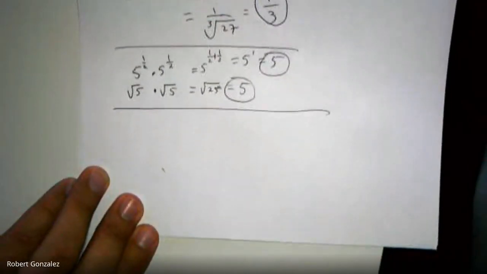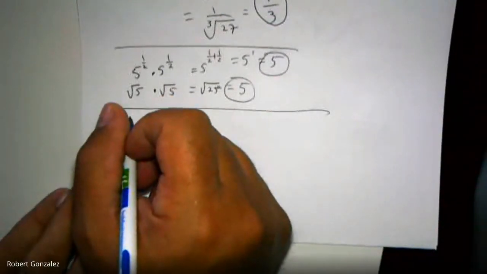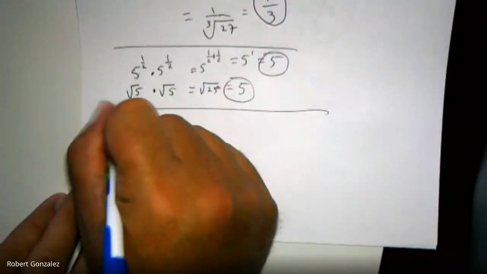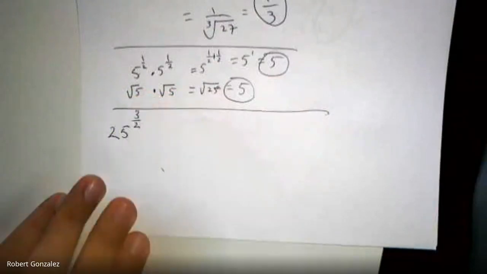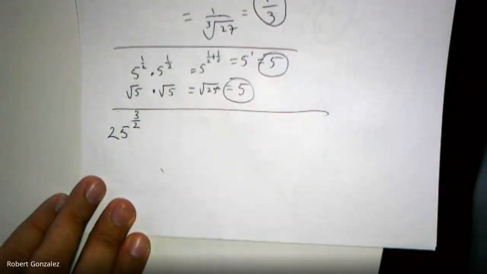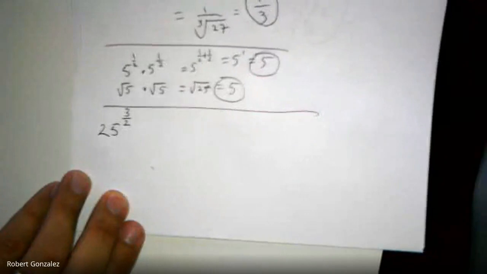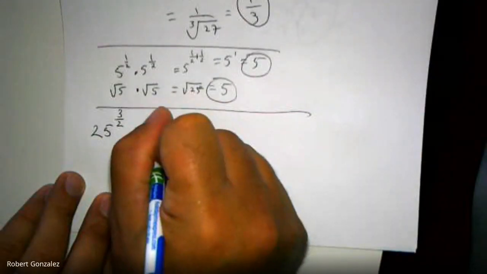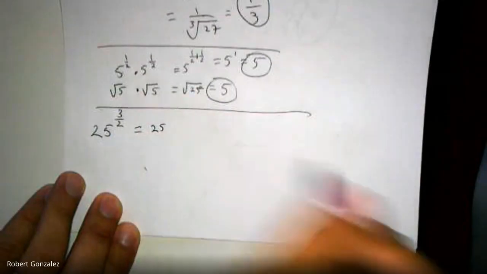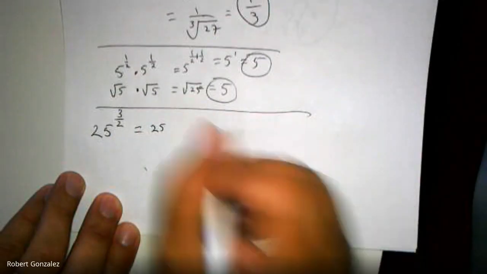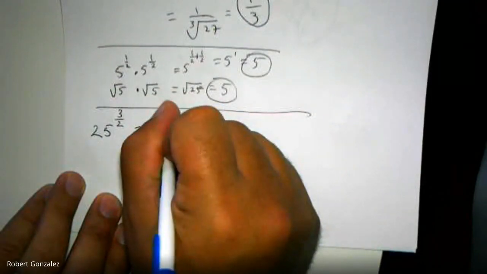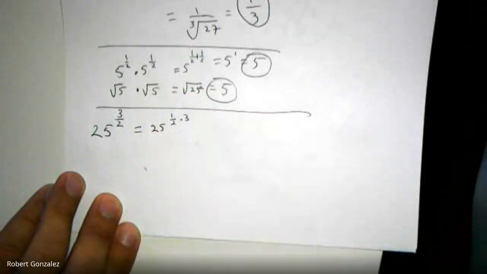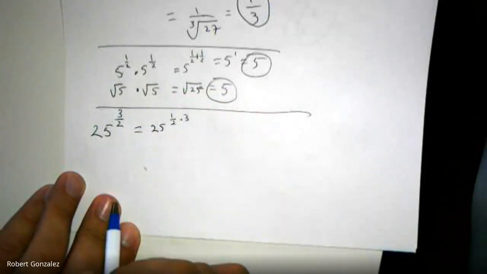So what happens now if we have a numerator? Well, let's use our exponent rules from yesterday and separate the fraction into 2 parts. Would you agree that this is 25 to the 1/2 times 3? 1/2 times 3 is the same as 3/2.